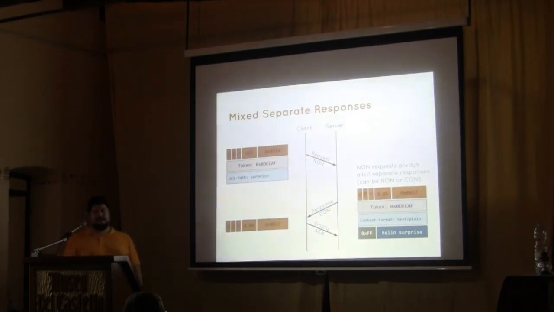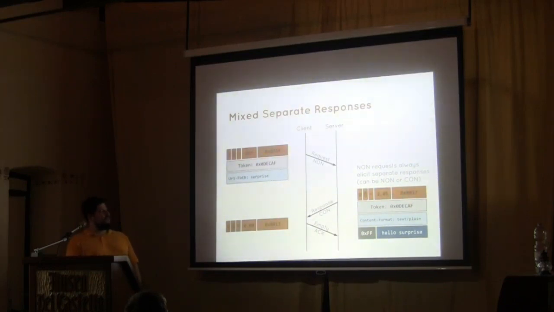And something, I told you there's also this NON type of message, so to do best effort. You can also mix those. So you could send a request on a NON message and hope for the best. The server receives it, but the server is programmed to always use confirmables. The implementation only has confirmables, for instance, because you really want to squeeze something in.